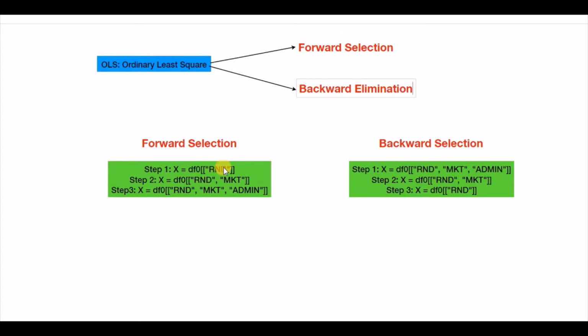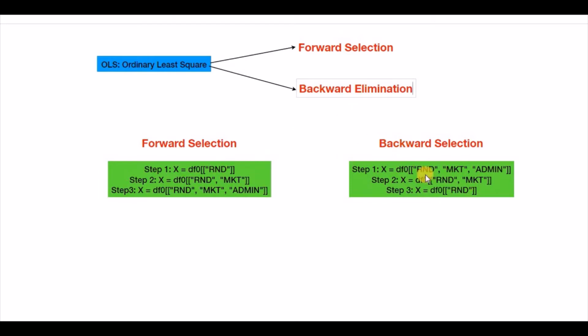If it is not satisfying, or the adjusted r square is less, then again we will check another column, like market, and we will continue this sequence. So this is step 1, step 2, step 3. This is about the forward selection. Basically I can say forward selection is one predictor at a time.